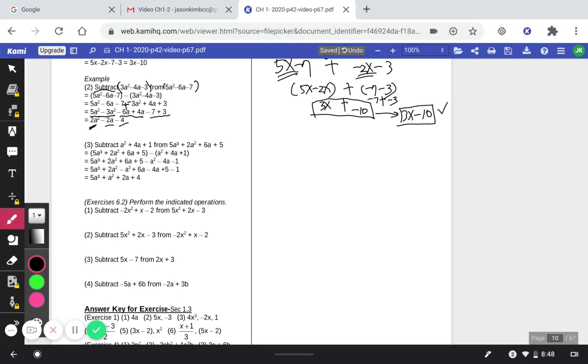Next one is a trinomial again, this group from this group. So you write that minus the second group and keep the first term, change minus to plus, and a squared becomes negative a squared, plus 4a becomes negative 4a, plus 1 becomes minus 1, and then combine the like terms, and you get this answer.